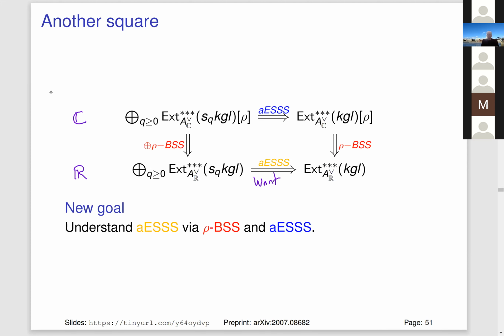And I'll explain in a second why working over the complex numbers is easier. And then we can study the analogous algebraic effective slice spectral sequence. And then we need a way of passing from complex motivic computations to real motivic computations. And we'll do that using another spectral sequence called the Rho-Bockstein spectral sequence. And I'll explain what this is now.